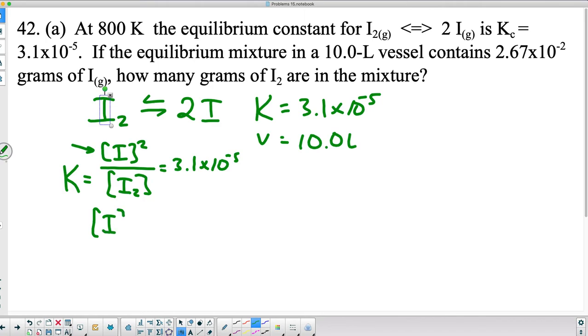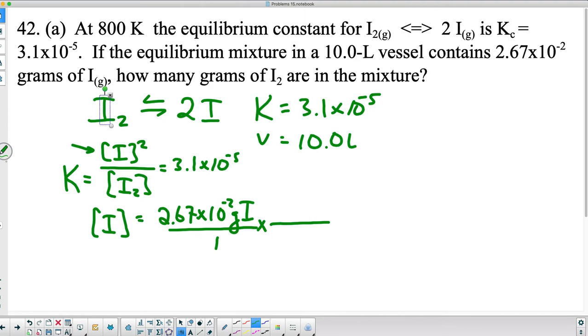It's actually pretty simple because the amount of mass that's given to us is 2.67 times 10 to the negative 2 grams of I at equilibrium. And I'm going to simply change that to moles. When I change that to moles, then I can find the concentration.